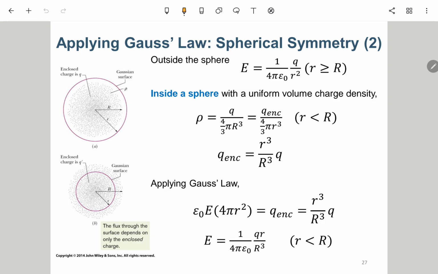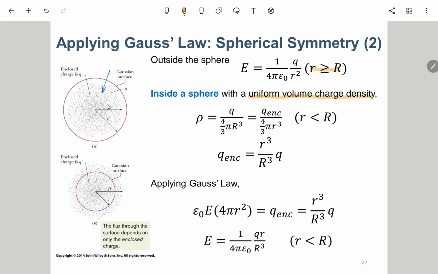So these charges are distributed over all the positions in the whole sphere. Okay, so here if we try to find the E field for the outside part, which means that r is greater than capital R, the radius of this sphere, it will be something like that.